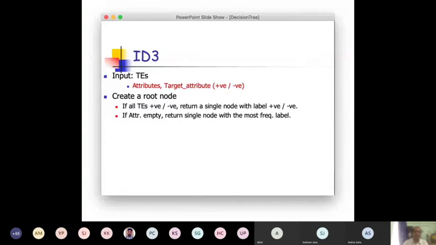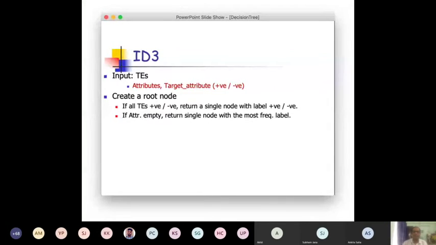And also there may be a case where you do not have any attributes left, the set is empty. It's a recursive algorithm, so that's why this step is required. You will understand when we describe the other steps. Then you have to label that node with the most frequent label.